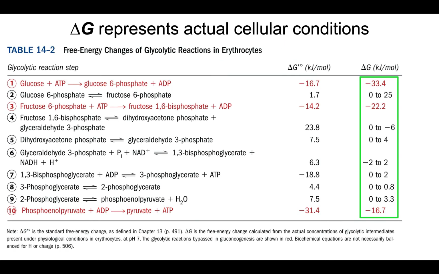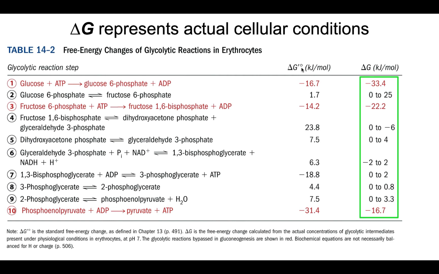So what that means is we have two delta G's we have to very much know the difference of. When you have a delta G with the little degree sign there, you're talking about delta G under standard conditions. Under standard conditions, you start off with 1 mole of the reactants and 1 mole of the products, and you let those reactions run at 25 degrees Celsius, and you see where they end up.